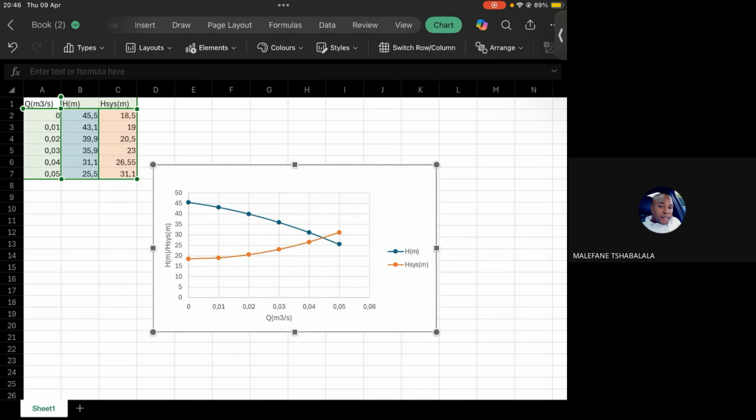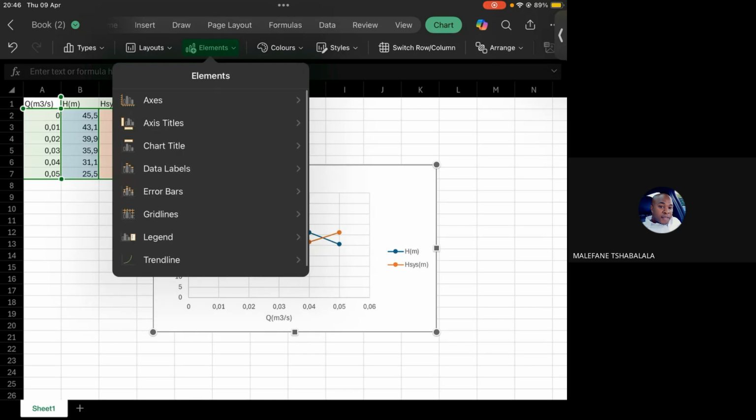Now what are we left with? Oh, so from here we'll have to add the horizontal and the vertical minor grid lines. So again, we'll start with highlighting the graph first. Then after that, we'll go to elements, and then under elements, we'll go to grid lines.